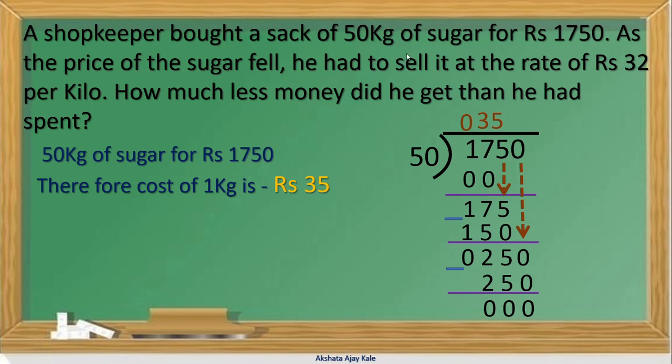Means he bought 50 kg sugar for 1750. The meaning is the cost of 1 kg sugar is rupees 35. Later on he sold it for rupees 32 per kilo. Means he suffered a loss. Isn't it? Now we'll move to the second step.